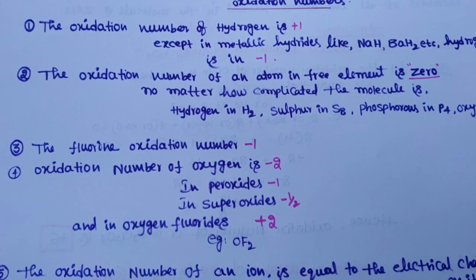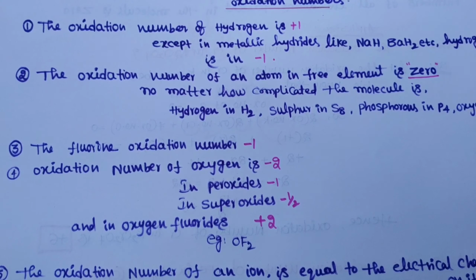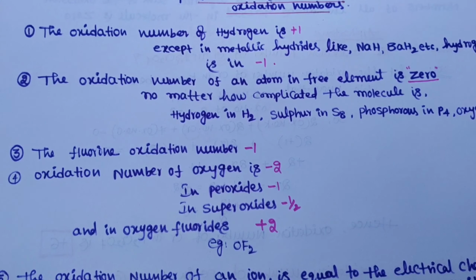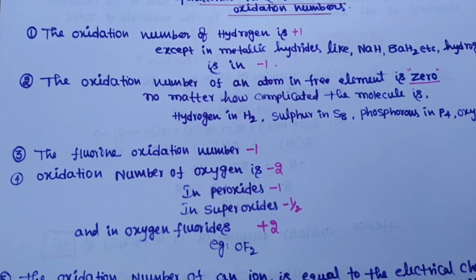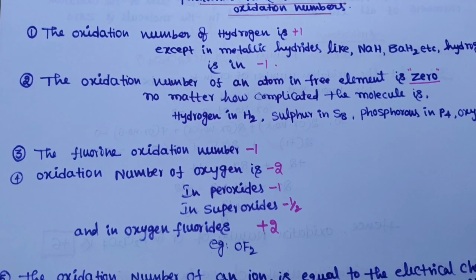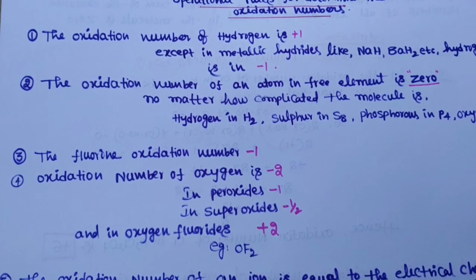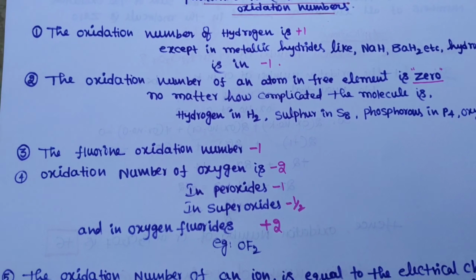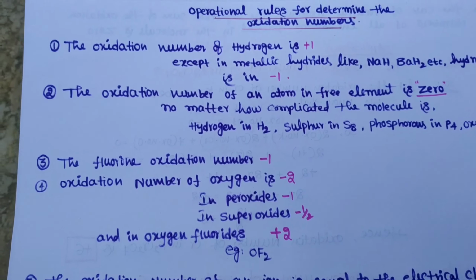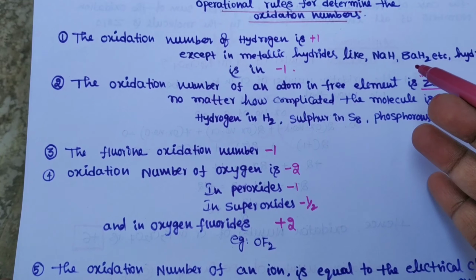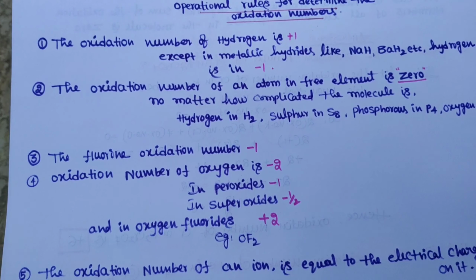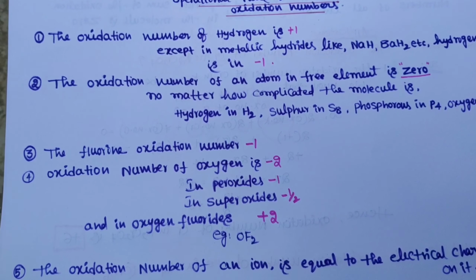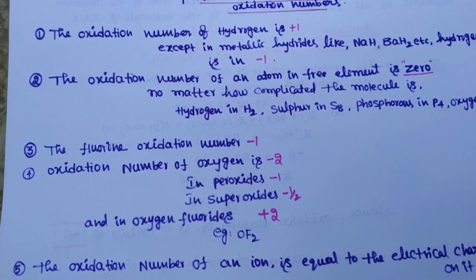In BaH2 also, hydrogen's oxidation number is -1, so -2 in total, and barium is +2. So the oxidation number of hydrogen is generally +1, except in metallic hydrides, where it is -1.